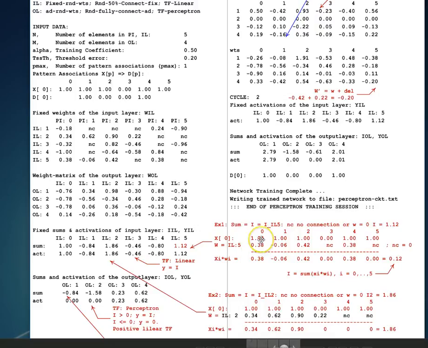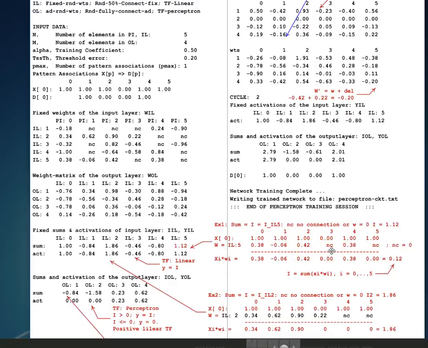That is X0 times W0, X1 times W1, X2 times W2, X3 times W3, X4 times W4, and X5 times W5. So if you multiply the corresponding elements, 1 times 0.38 is 0.38, 1 times 0.6 is 0.6, 1 times 0.4 is 0.4, again 0 times the next weight.